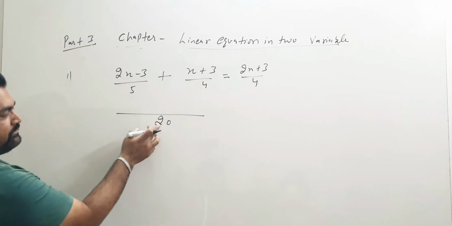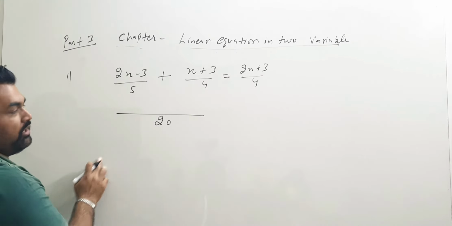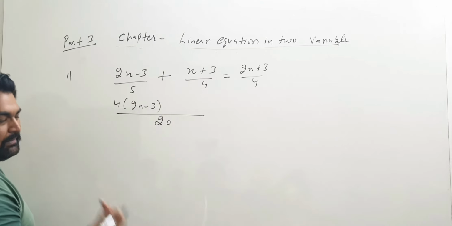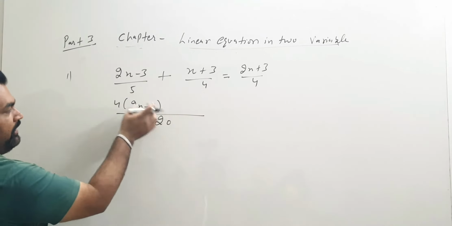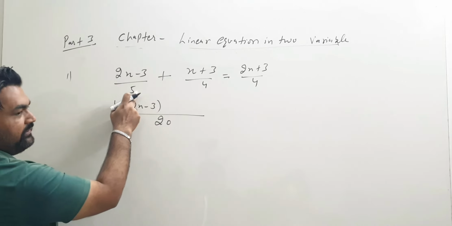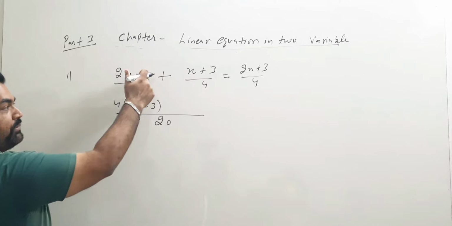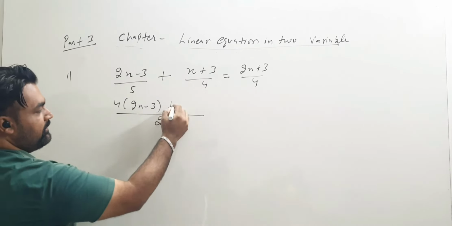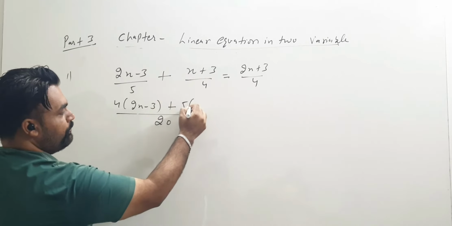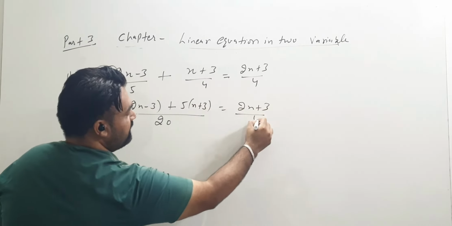Now 20 divided by 5, that is 4. Now 4 multiplied by 2x minus 3. सबसे पहले क्या करेंगे, जब 20 को 5 से डिवाइड करेंगे, आंसर आ जाएगा 4. जो आंसर आएगा ऊपर वाली चीज से हम मल्टीप्लाई कर देंगे. Plus, now 20 divided by 4 is 5. Now 5 को ऊपर वाली चीज से मल्टीप्लाई कर देंगे, equals to (2x plus 3) upon 4.